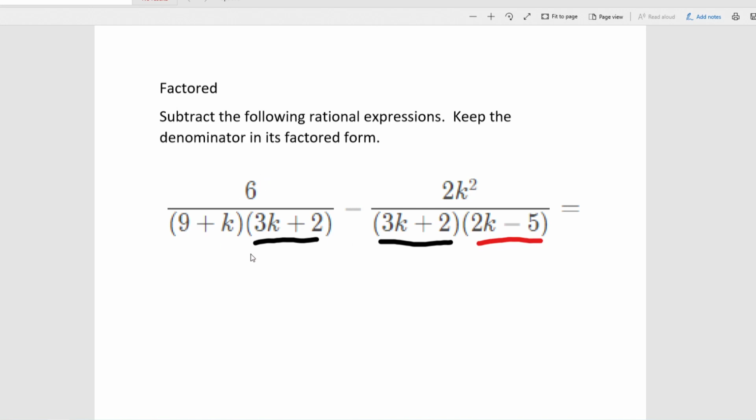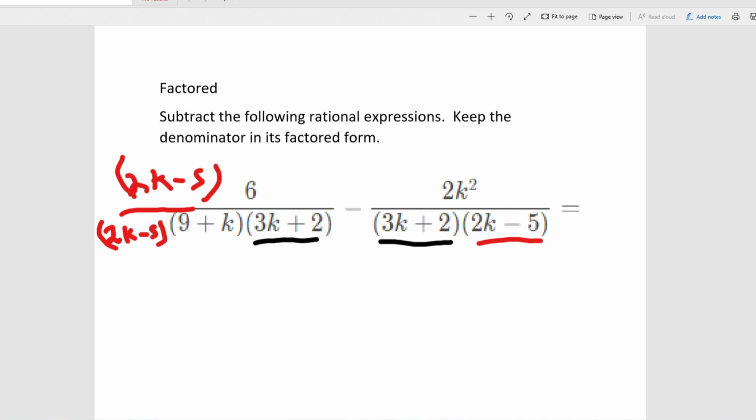This side over here, he doesn't have the 2k minus 5. So we're actually going to give him 2k minus 5, and we're going to give it to him as a 1 fraction. Again, sorry about my handwriting. Drawing with a mouse is harder than it seems. We're going to give it to him as a 1 fraction.